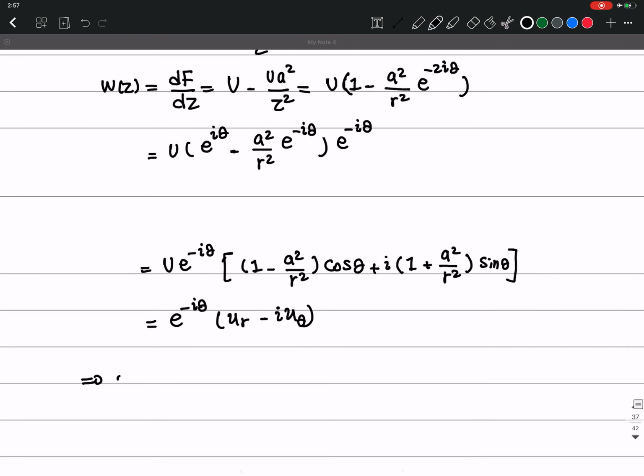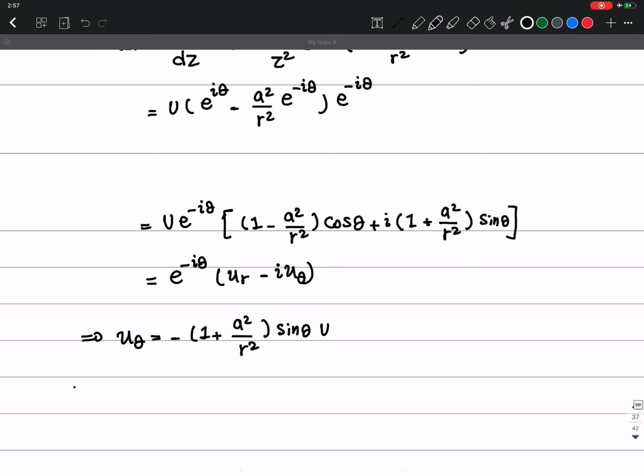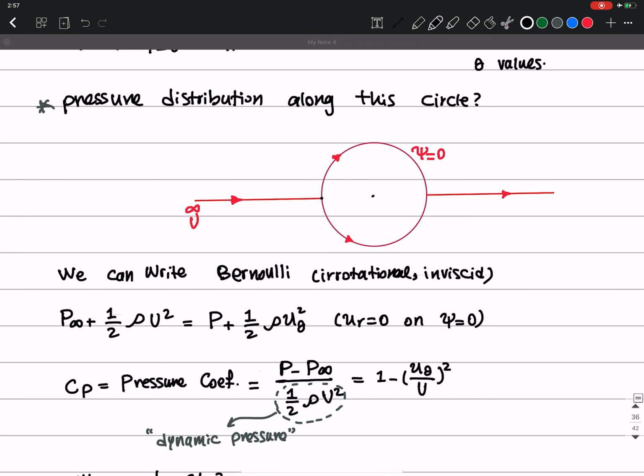So U theta is going to be the imaginary part of that times U. So it's going to be minus (1 plus a squared over r squared) sine theta times U. Now along that circle, we know that r is going to be a.